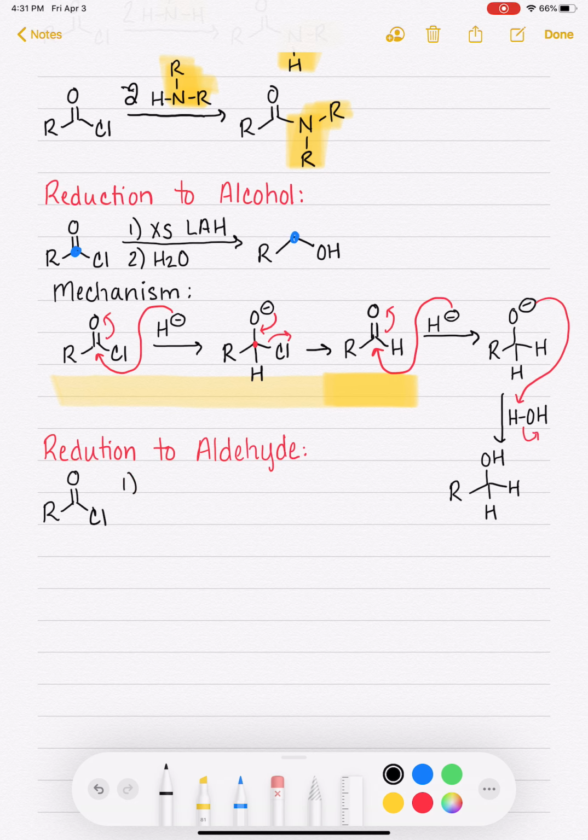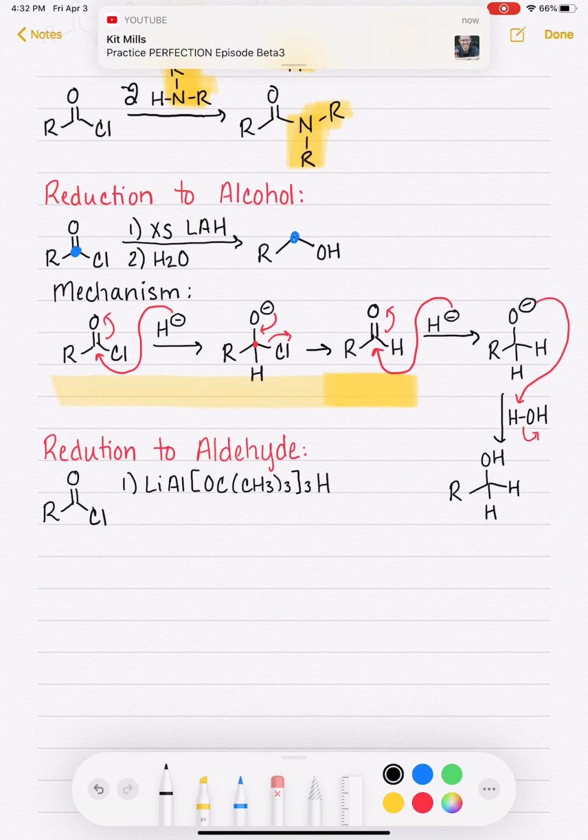It is lithium aluminum, put it in square brackets, tri-tert-butoxy. So it's the tert-butyl group, which is OC(CH3)3. We've got 3 of those. Hydride, lithium aluminum tri-tert-butoxy hydride. It's a lot to say.